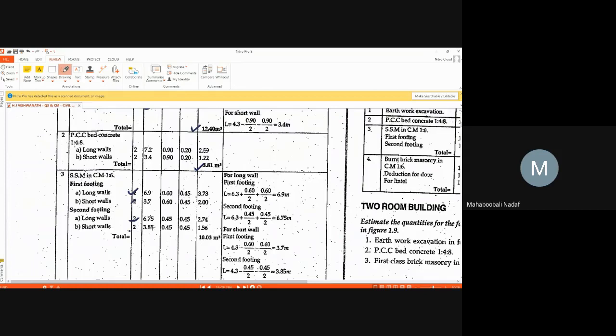Do not write the length column. Now you refer to the cross section and write it for the first footing. What is the width? What is the depth?